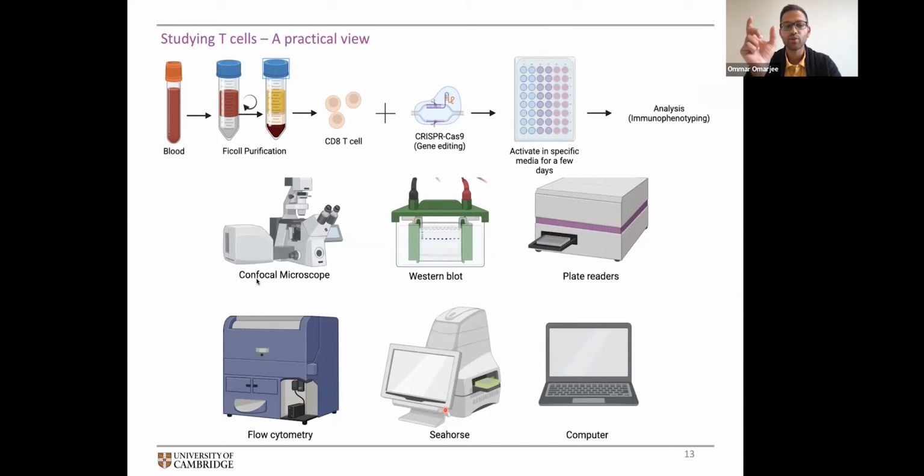For example, it helps you know how active the mitochondria are, because it's able to sense the consumption of oxygen, which is one of the ways that mitochondria work. And finally, it's not very exciting, but I do need to use a computer where I have all my software in order to analyze all the data that I receive from those different instruments.